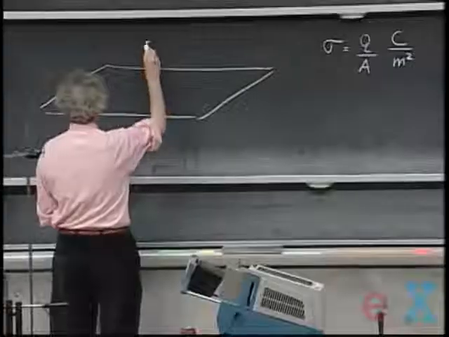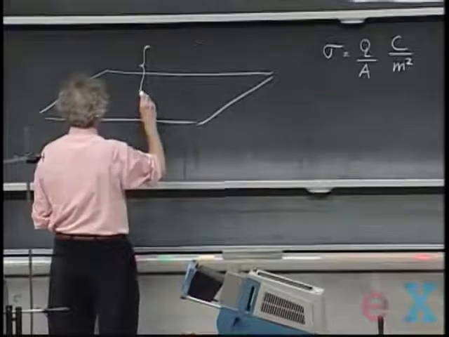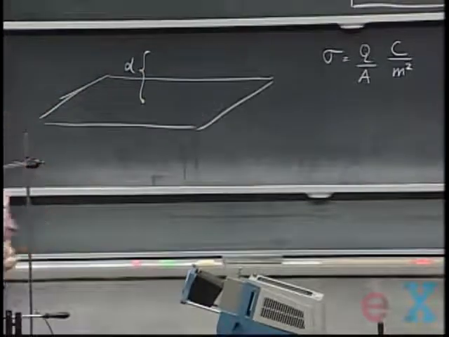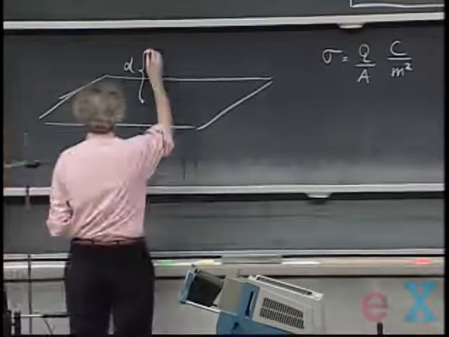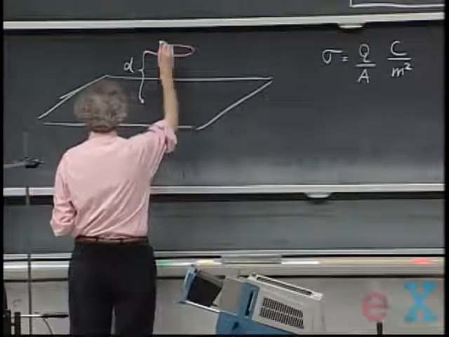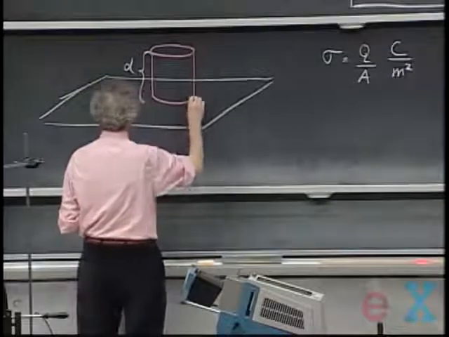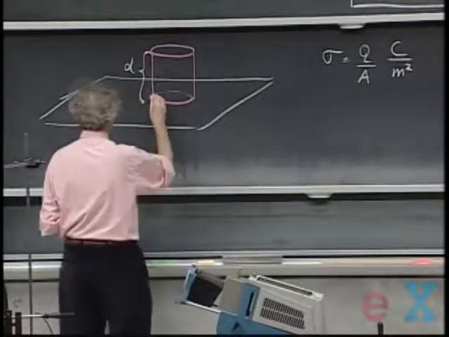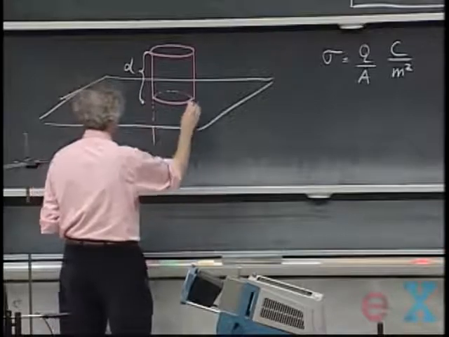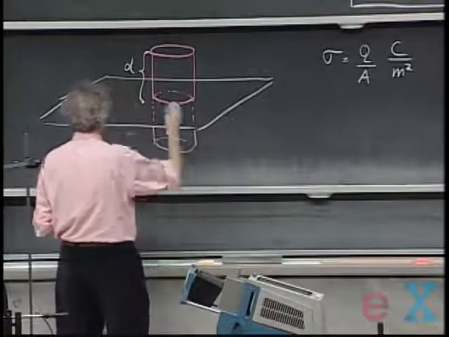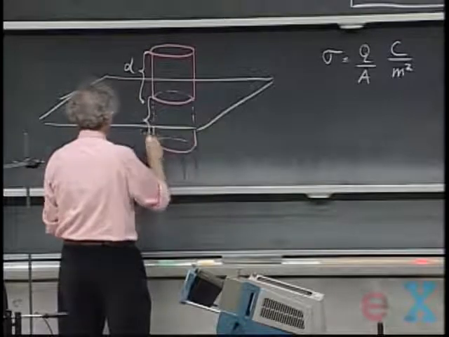Suppose I want to know what the electric field is at a distance d above the plane. What I do now is I choose this as my Gauss surface. Watch me closely. This is the intersection with the plane. This is my Gauss surface.